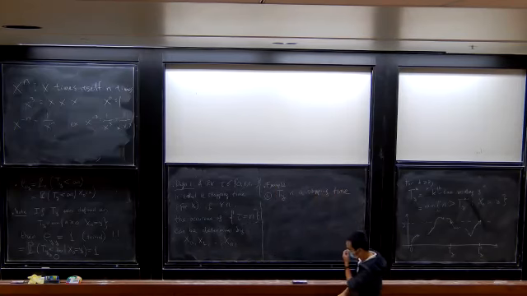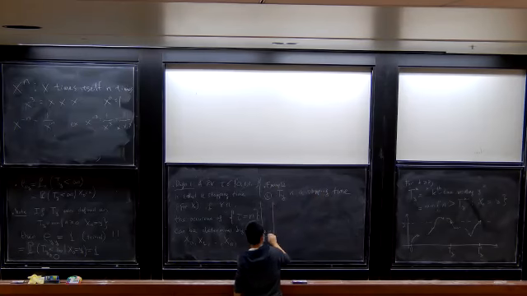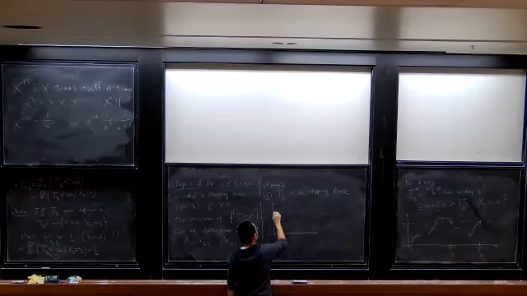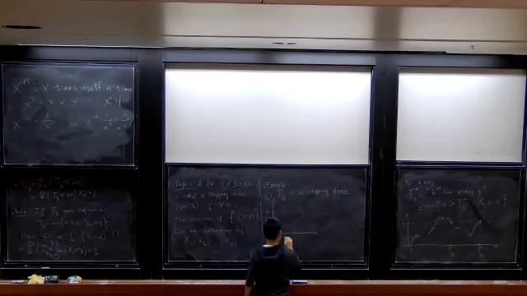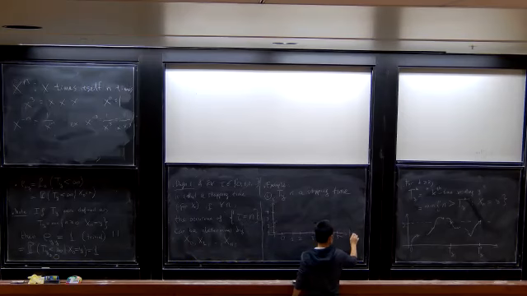For example, suppose I have states, say, 1, 2, 3, 4, starting from time 0, 1, 2. So maybe 3, 4, and 5. Okay, it's the time.